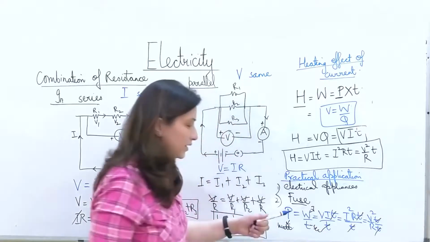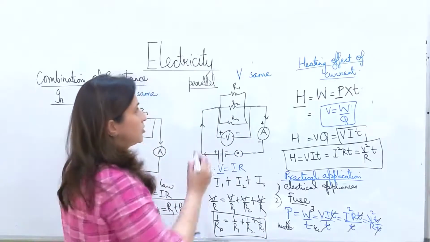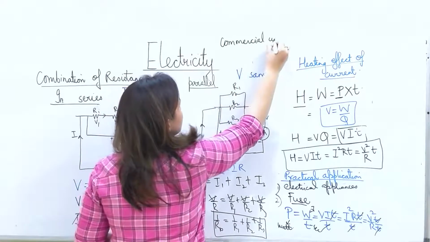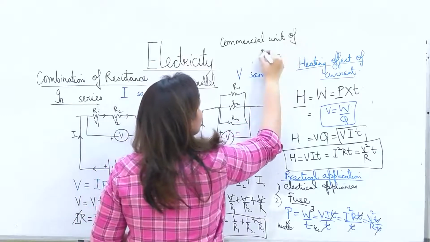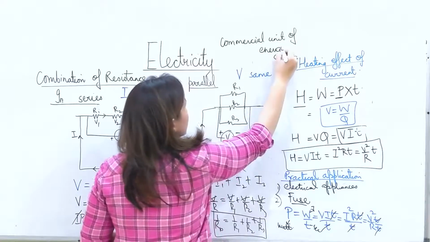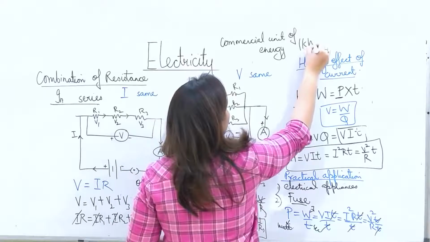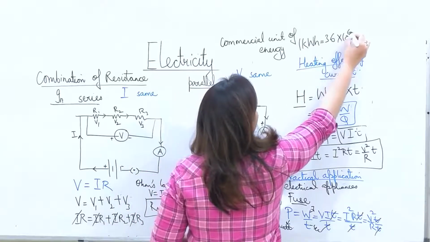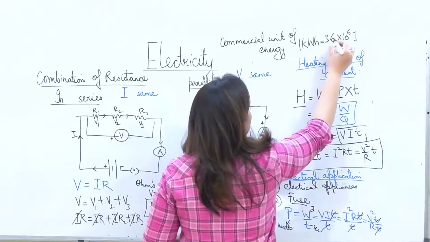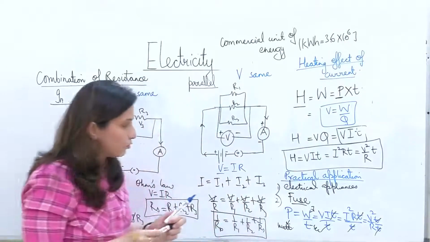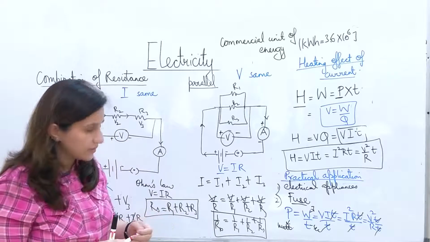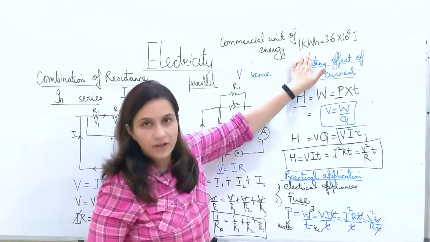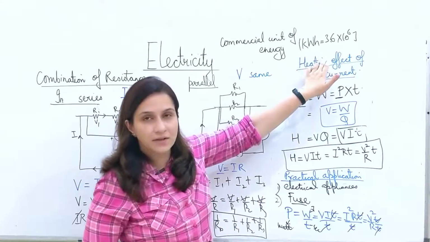What is the SI unit of work done? Joules. And for the commercial unit of energy, we have 1 kilowatt hour, which equals 3.6 into 10 raised to power 6 joules, because 1 kilowatt equals 1000 watt and 1 hour equals 3600 seconds.